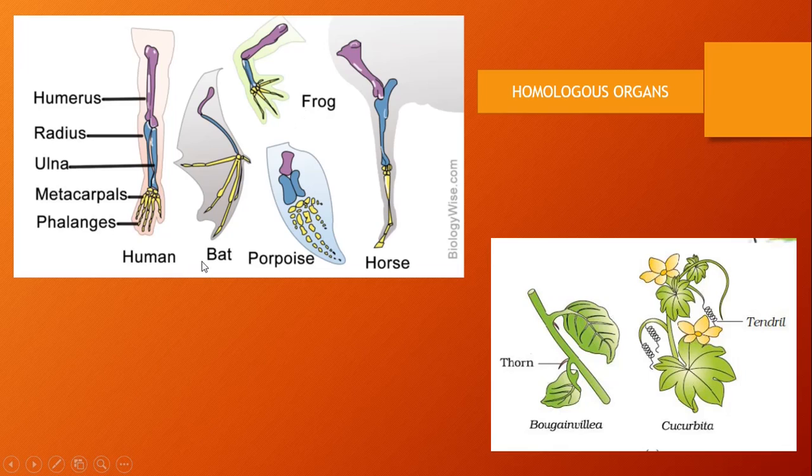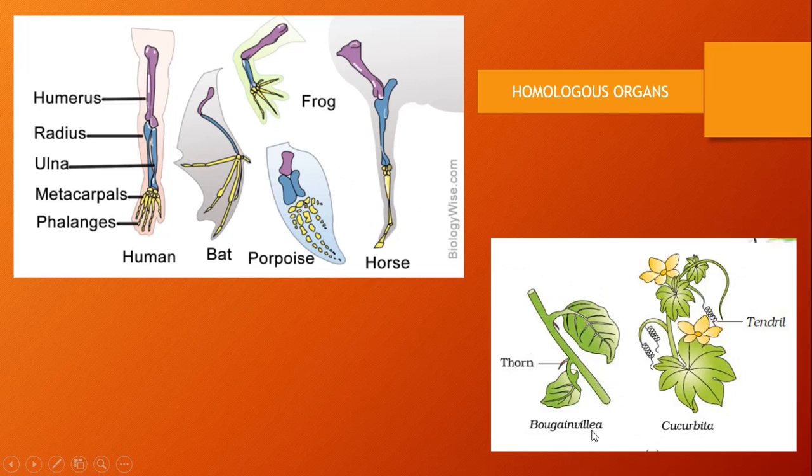What is the purpose? Flying in bats, swimming in porpoise or whales, running and walking in horse, hopping in frog. That is the example of homologous organs: structural similarity, functional dissimilarity.